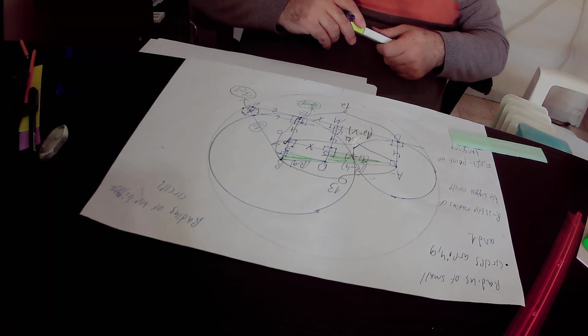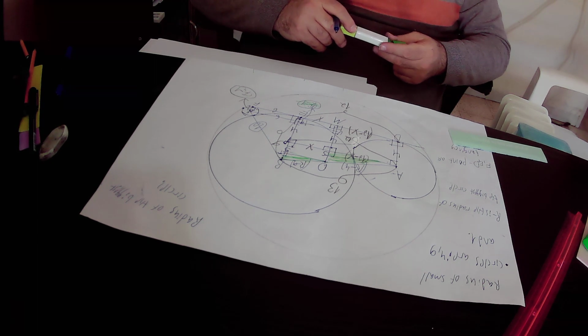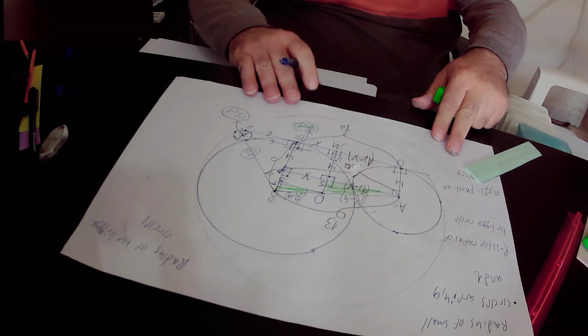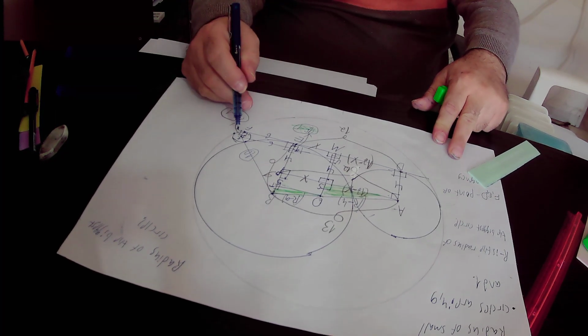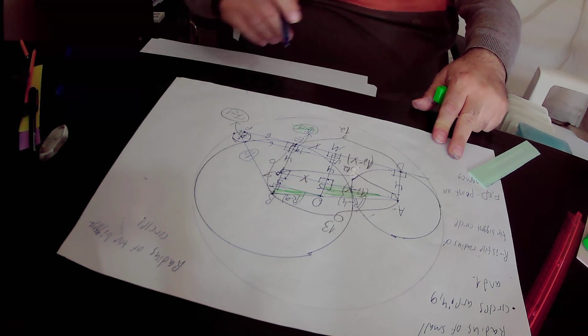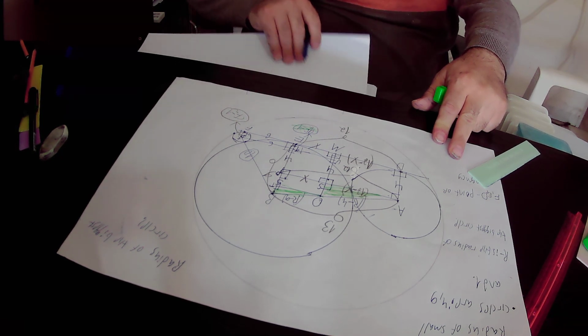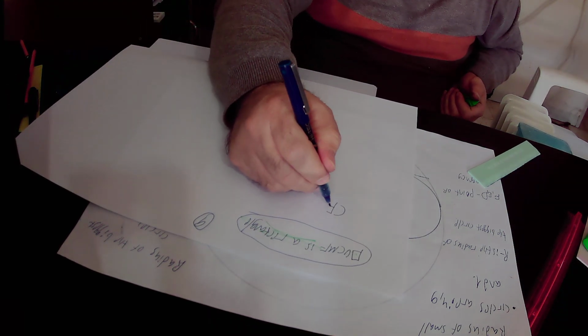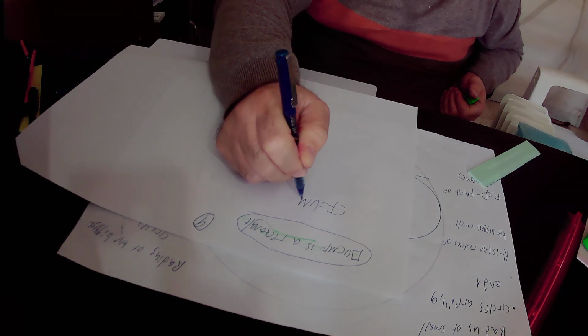And we know that the opposite sides of a rectangle are equal to each other. That is to say, CF is equal to UM.